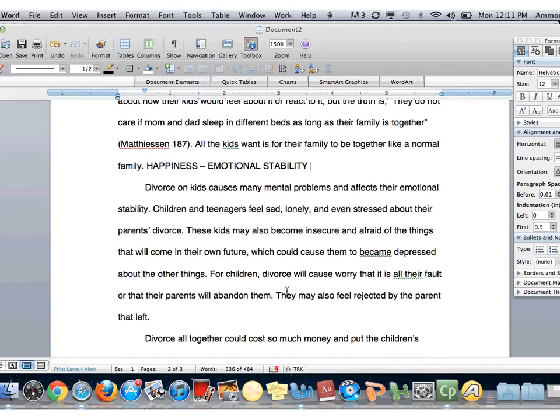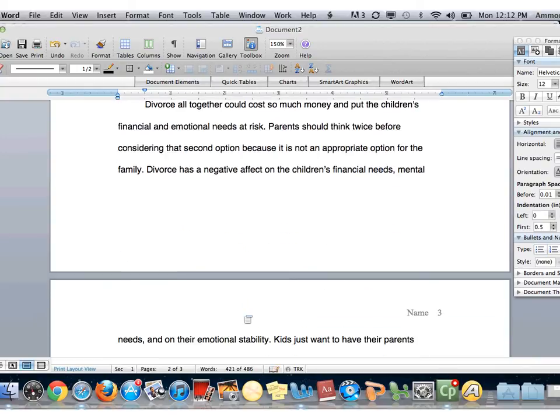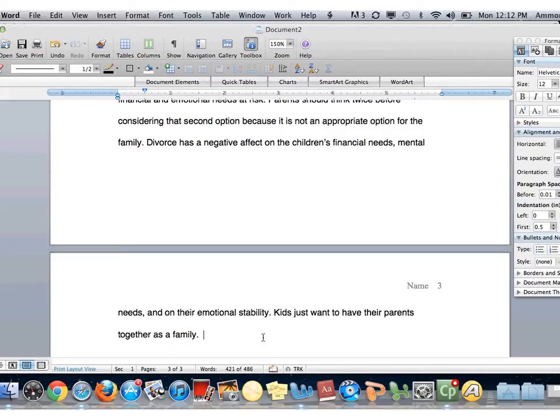Then she talks about the mental problems, the possibility that they'll be not only depressed, but that they will blame themselves and any other mental problems. And then we have the conclusion, and she really just uses her conclusion for reminders about what she's already talked about.